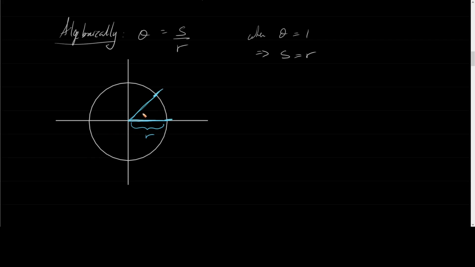This right here is our angle theta. This measurement is also length R. This measurement right here, that is the arc that we're talking about. Now, if theta is equal to 1, then S is equal to R. So this arc length here would be 1 radian based off of this angle when the radius and this distance are equal to each other.